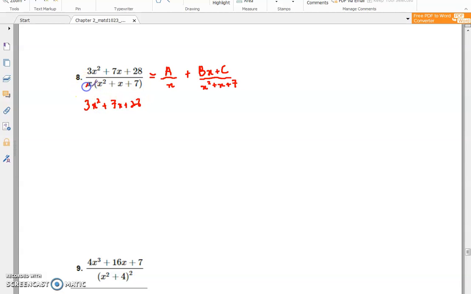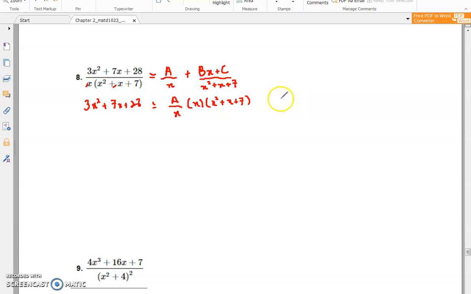Since we are going to bring all the denominators to the other side, you are going to get here a over x multiplied by x, and you are supposed to multiply it with x squared plus x plus 7.